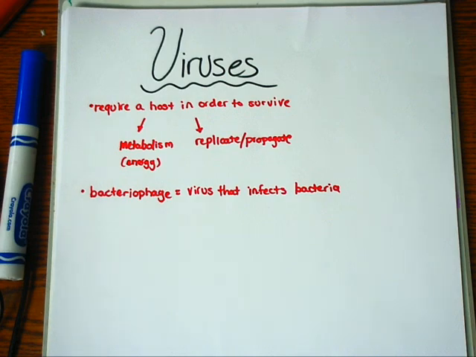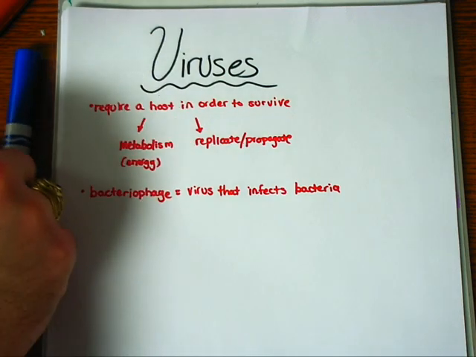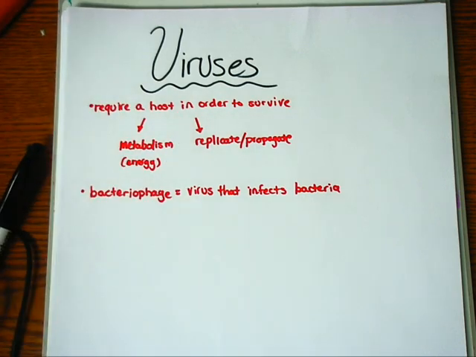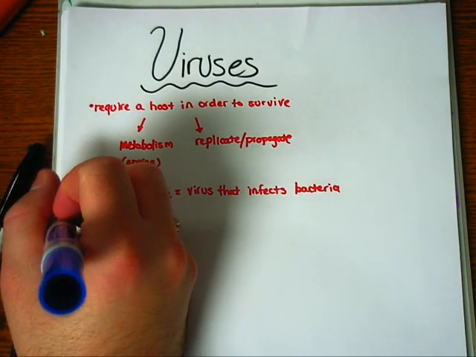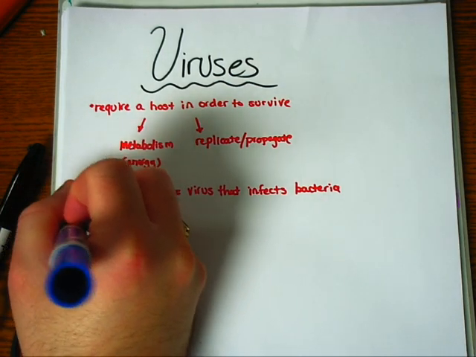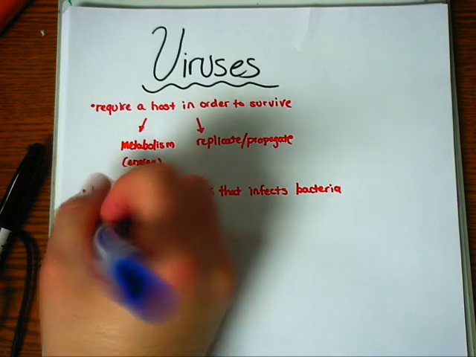So that's the intro stuff that we really need to come into this lecture knowing. And I think we probably know most of that either from prior classes or the reading. Now let's talk about some history and structure of viruses.